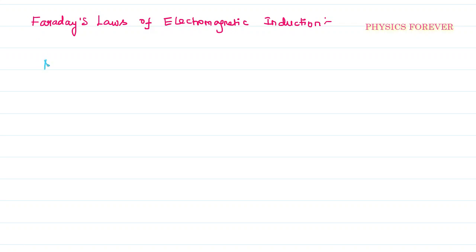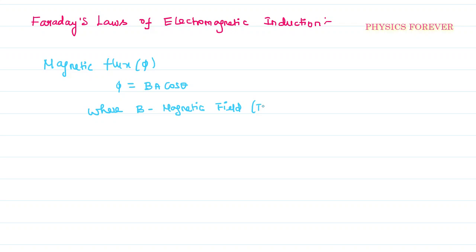So the magnetic flux. Magnetic flux phi can be written as B A cos theta. Here B is the magnetic field, so its unit is Tesla.